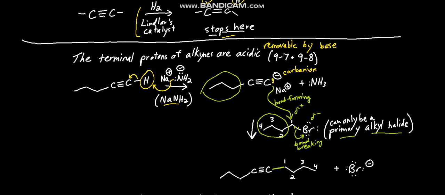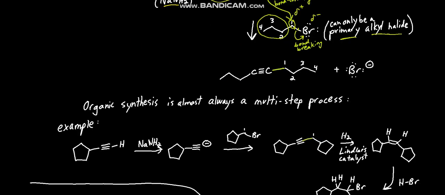You've now learned 1,000 reactions if you understand what's going on here. One caveat, it has to be a primary alkyl halide, like I said. So that means that this carbon is connected to only one other carbon. Carbon 1 is connected to only one other carbon, a primary alkyl halide.